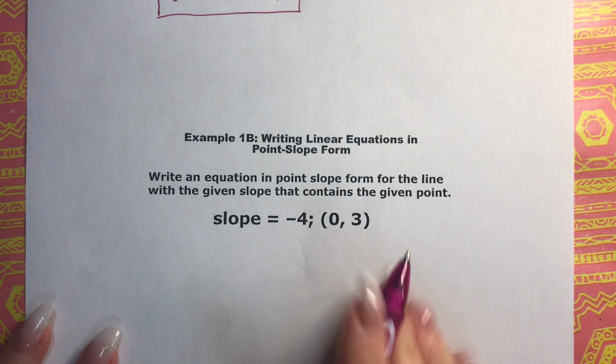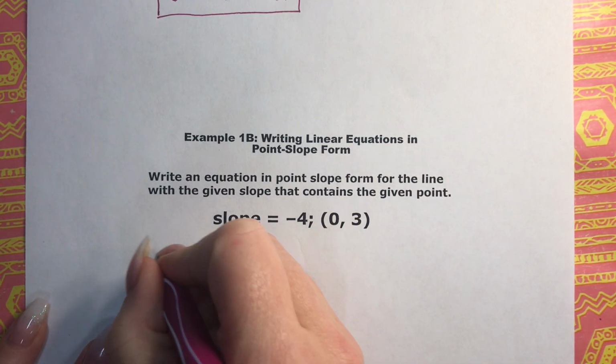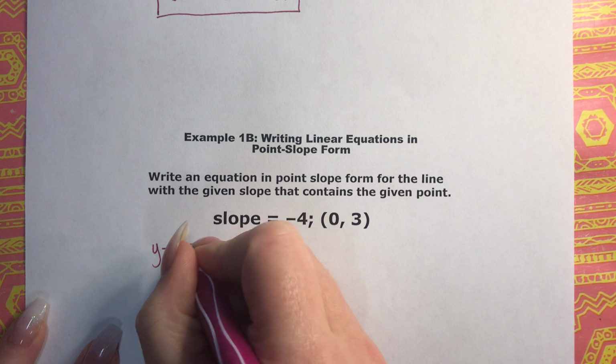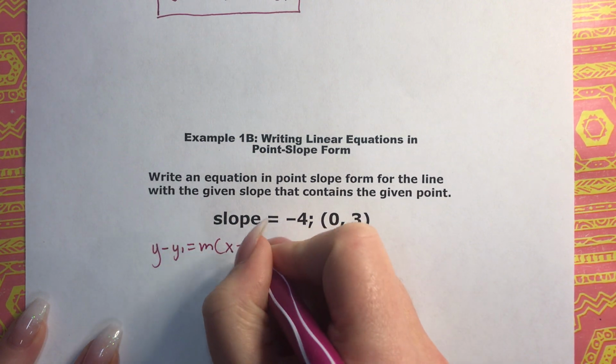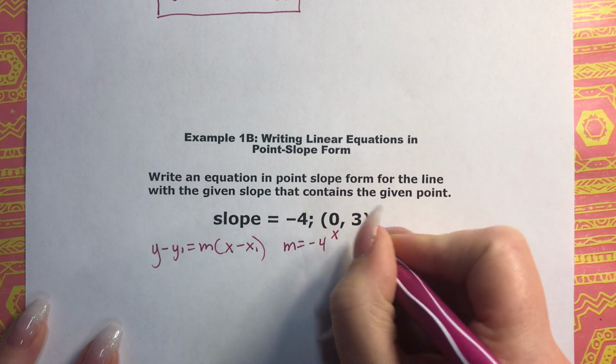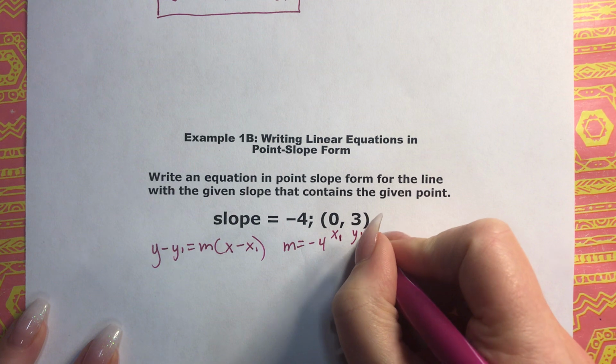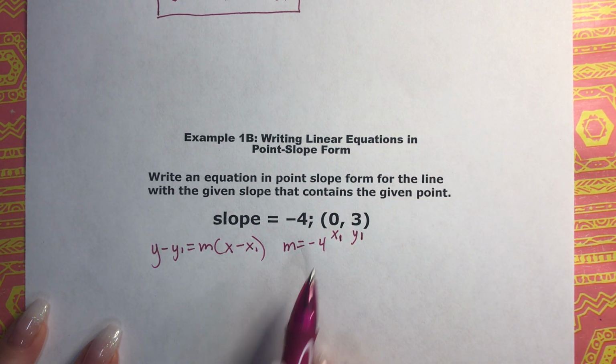So we're going to write an equation in point-slope form again for the slope being -4 and this point. So I'm going to write the equation y minus y1 equals m multiplied by the quantity x minus x1. My slope is equal to -4, and my terms are right here. This is x1, y1, okay? I'm going to substitute this information into my formula.